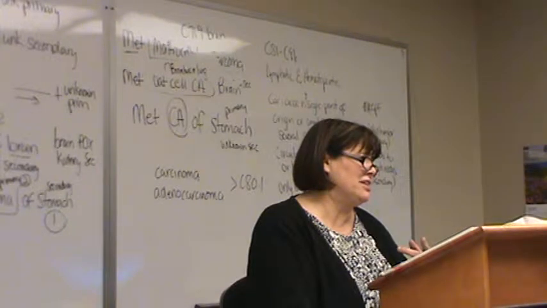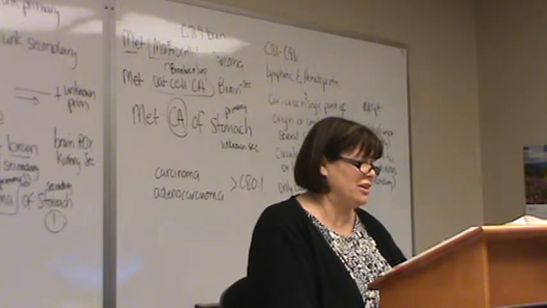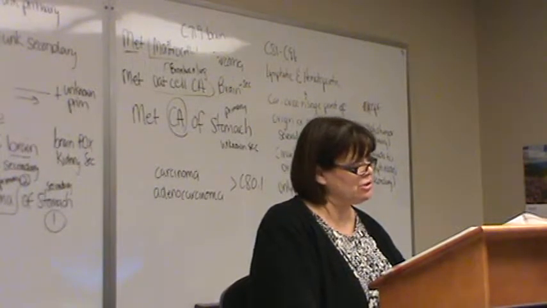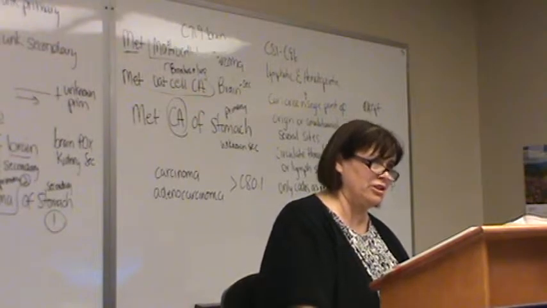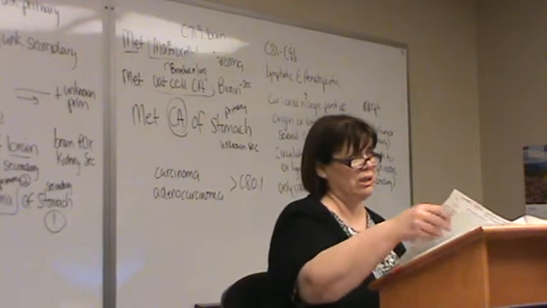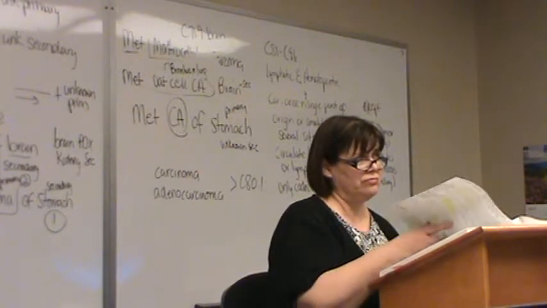So we'll be looking at some of those when we're coding procedures, how to code those. On the Hodgkin's, again, the fourth character is still telling you more about the type of Hodgkin's. You can see that at the bottom of the page. So is it nodular sclerosis, mixed cellularity? And the fifth character is still telling you about the lymph nodes that are involved.